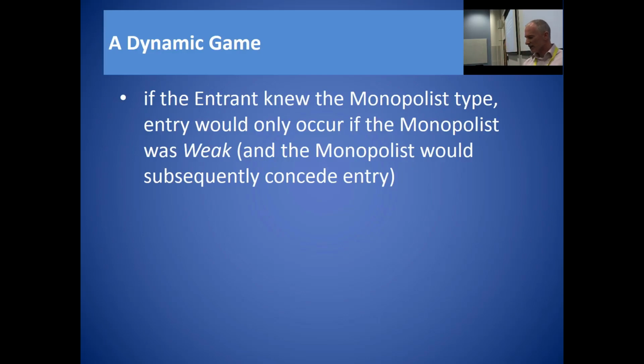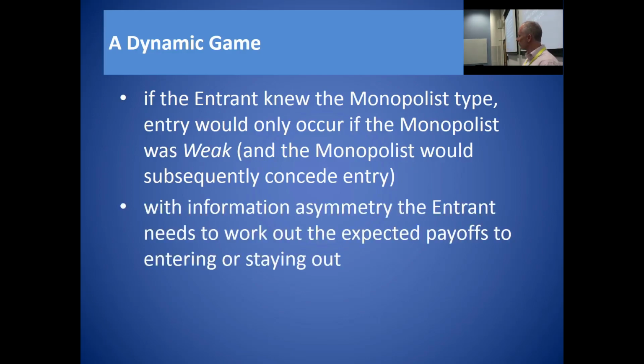Well, let's think about the expectations of the firm. It knows for sure, absolutely, that if this monopolist was weak, it would choose to enter, because it's weak, the monopolist will concede to market entry. The problem is, does it enter or does it stay out?